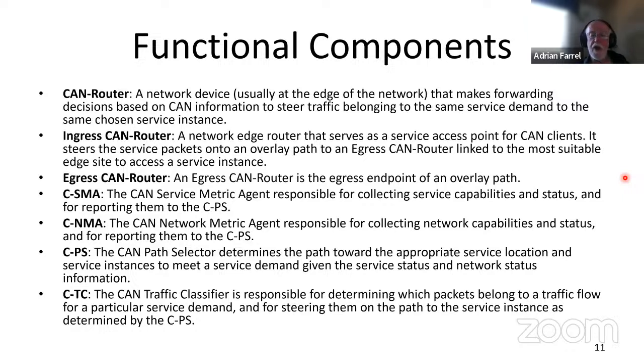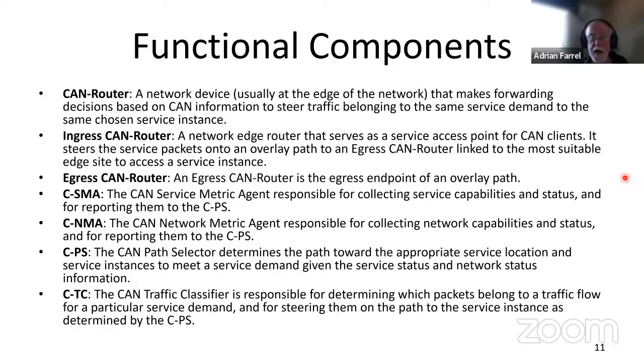And then the network metric agent is doing exactly the same stuff for the network. It's collecting the network capabilities and status, really stuff that we're pretty familiar with about a network, maybe enhanced with things like latency and so on of the network links. And again, that information is reported to the path selector.